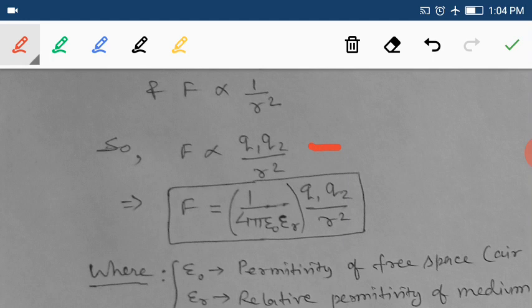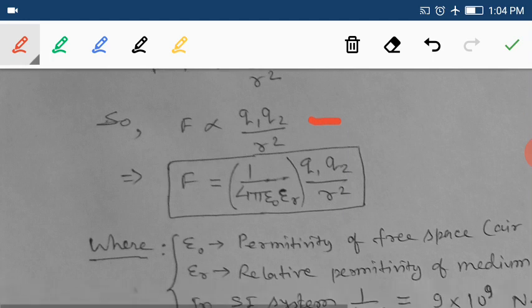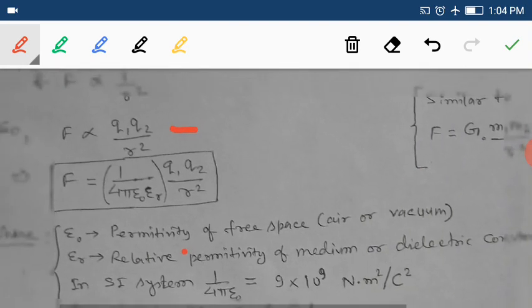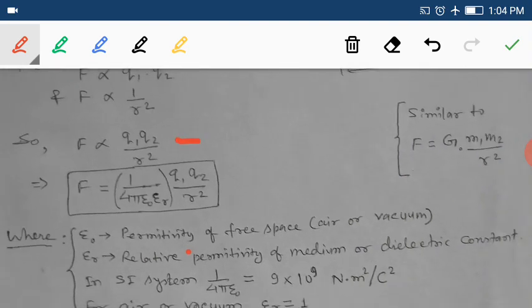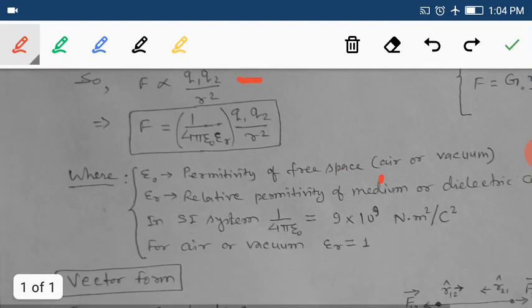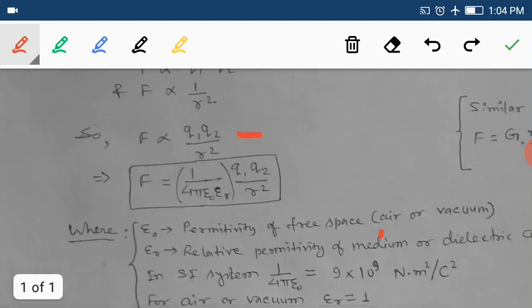And then, as we know already, whenever we remove the proportionality sign, we put a constant. When we talked about the gravitational law, we put here the universal gravitational constant. Similar to that, here the constant used is 1 upon 4 pi epsilon 0.